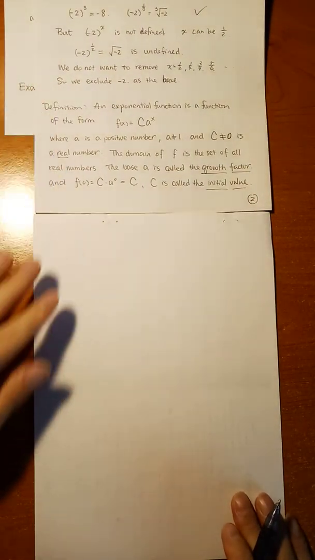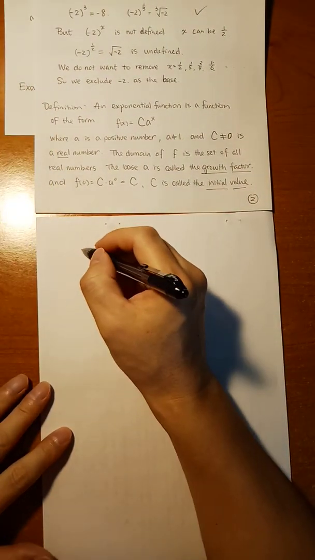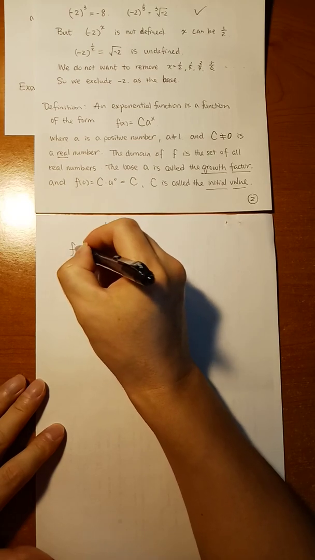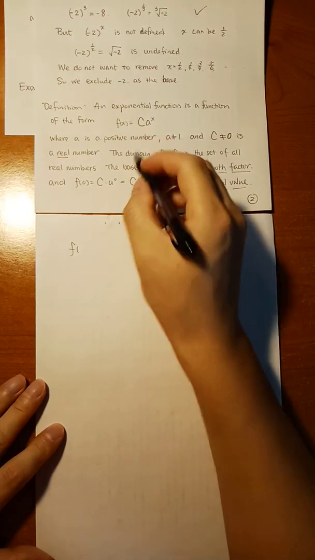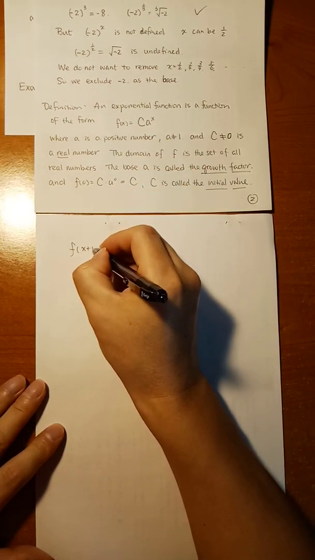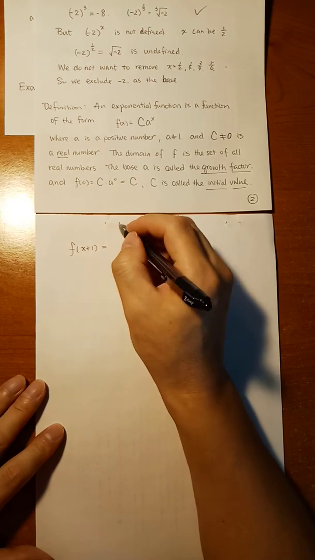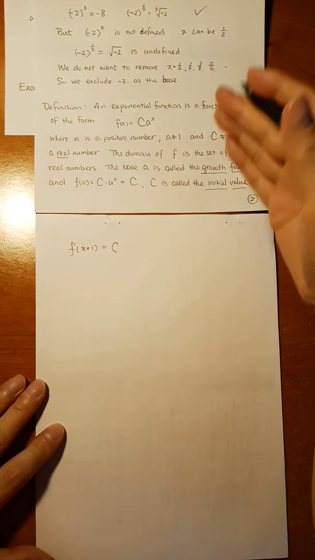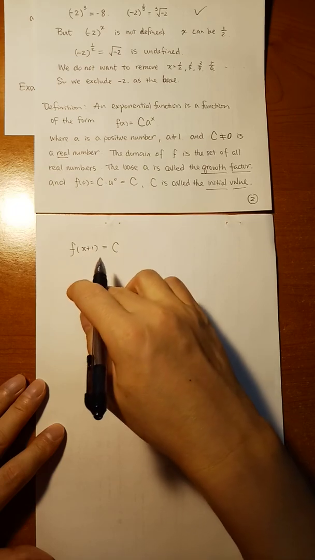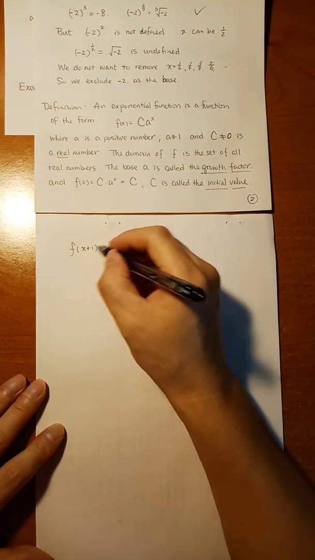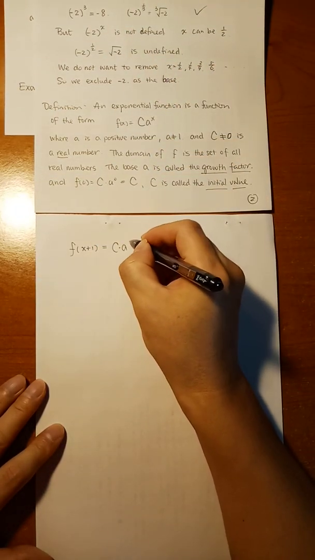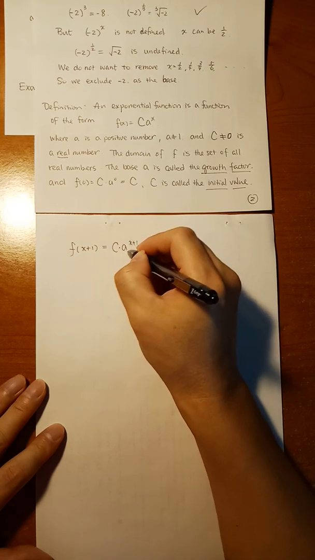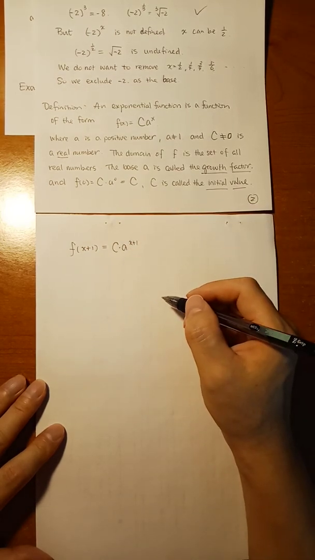For the exponential function, there is an interesting property. The property is the following. Let's see, this is f of x. Let's check what is f of x plus 1. If we give it a step, you start from x, you get 1 step plus 1. Then it is equal to c times a to x plus 1.